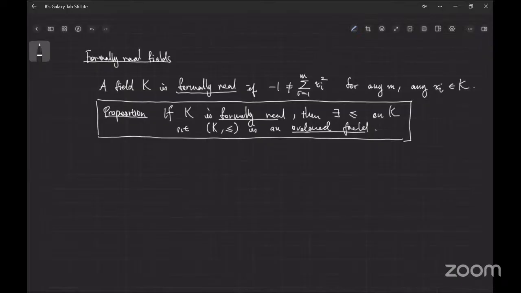A trick is to identify a positive cone. So we got to recall this. This is something that I proved earlier.